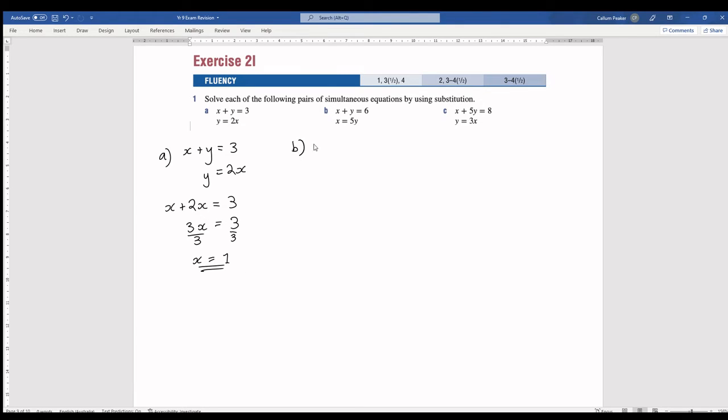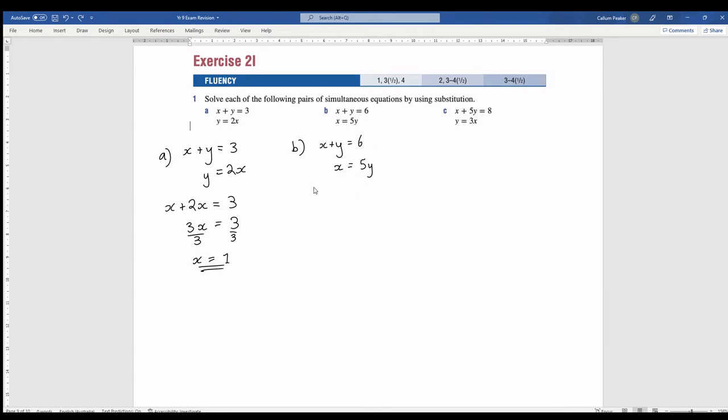Let's do another one. So part B, we have x plus y equals 6, and we have x equals 5y. As before, we know what x is in terms of y, so I'm just going to take this and substitute it into the equation up here.